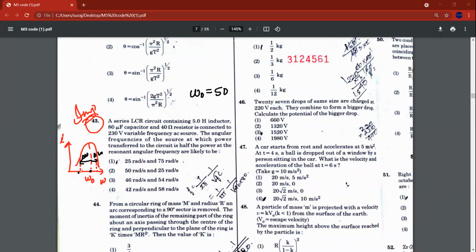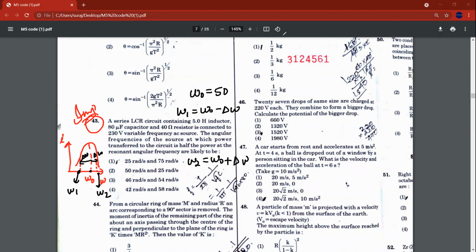Now you have to find this omega 1, and this is omega 2. See, omega 1 is delta omega lesser than omega naught, and omega 2 is delta omega higher. So omega 1 equals omega naught minus delta omega, and omega 2 is omega naught plus delta omega.